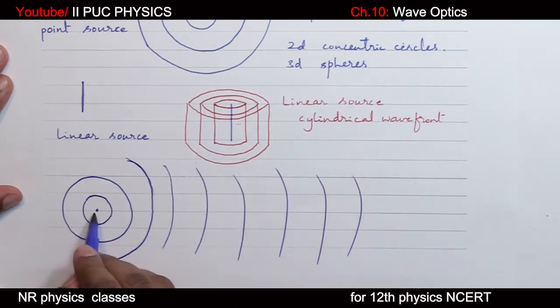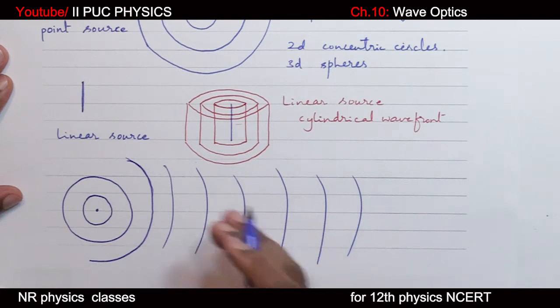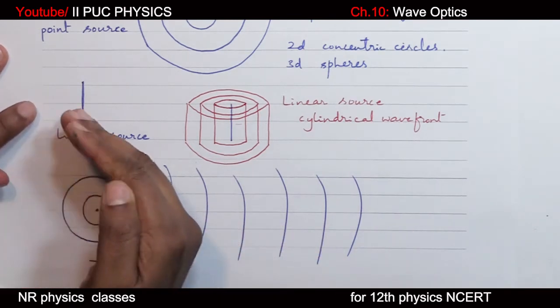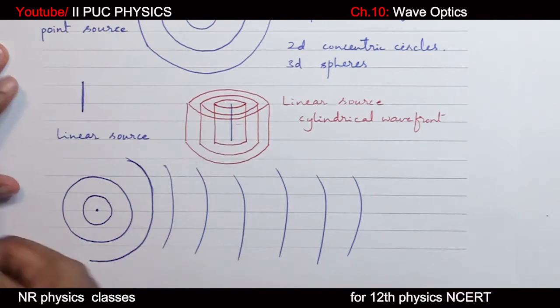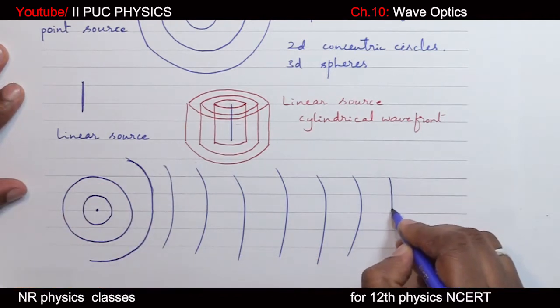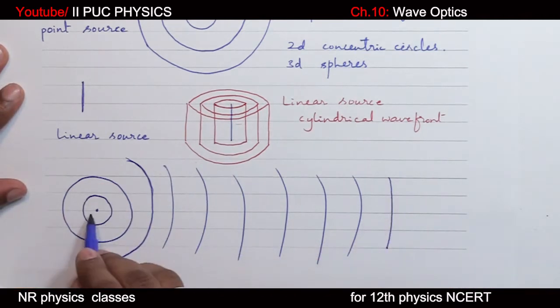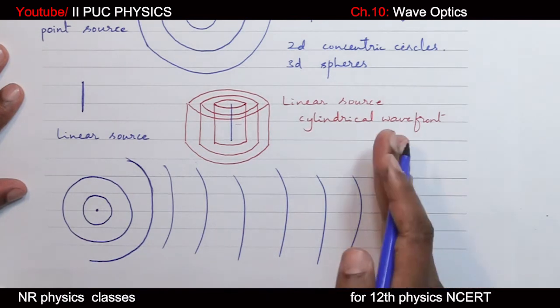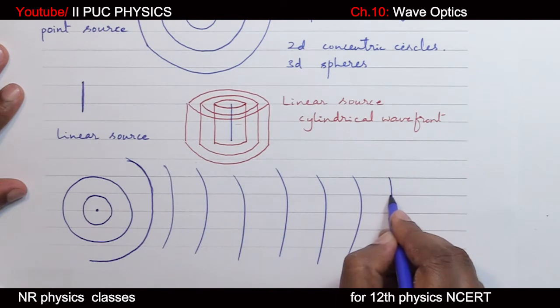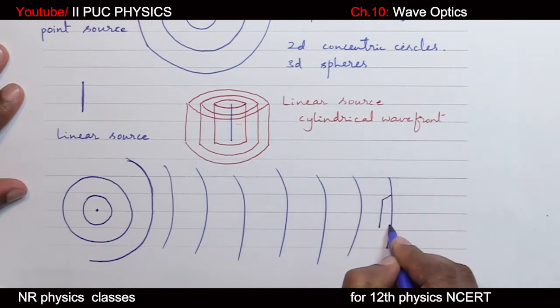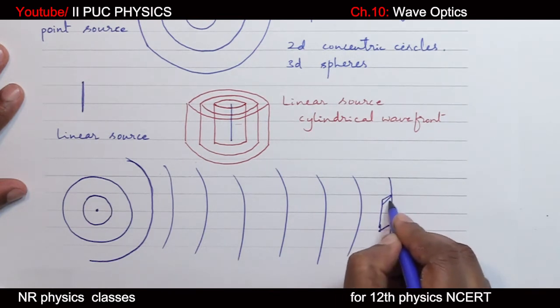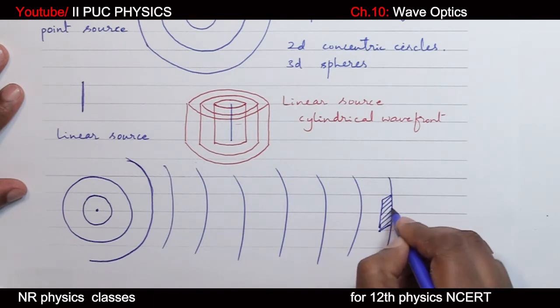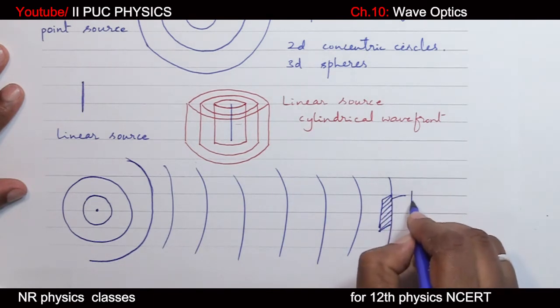As the distance increases, the curvature decreases, isn't it? If the distance is more, then the wavefront almost looks flat. If I consider a small region, this small region looks almost flat, and this is called a plane wavefront.